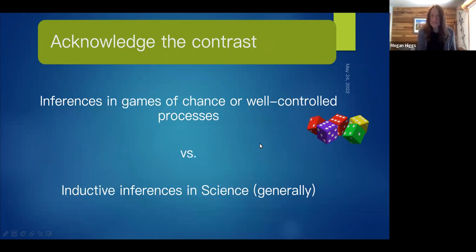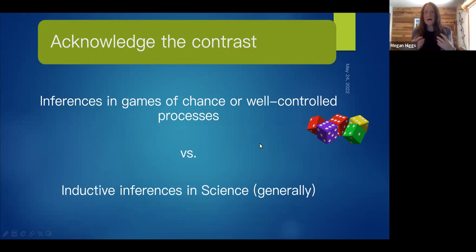A really important piece of it is acknowledging the contrast between inference in games of chance, or very well-controlled processes, versus inductive inference in science. Hopefully at the end of this part of the presentation, I'll come full circle back to this contrast.